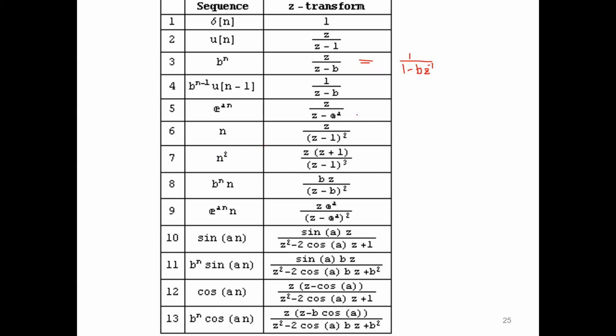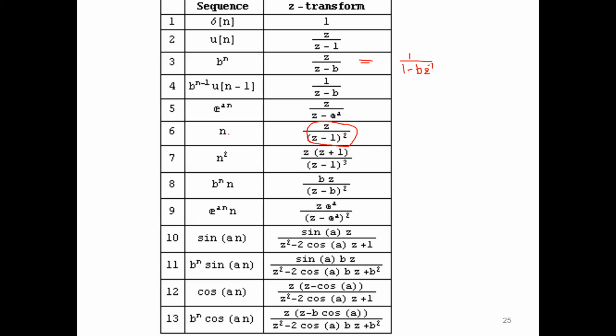So if you look at number 6, if you see z over z minus 1 whole thing square, the answer is n.